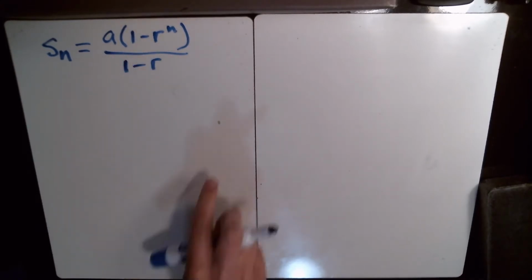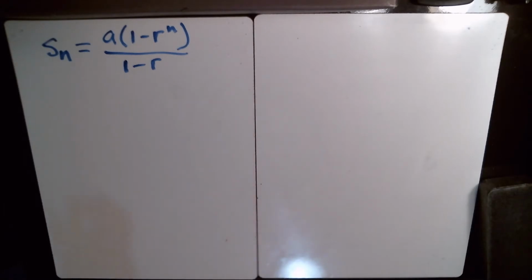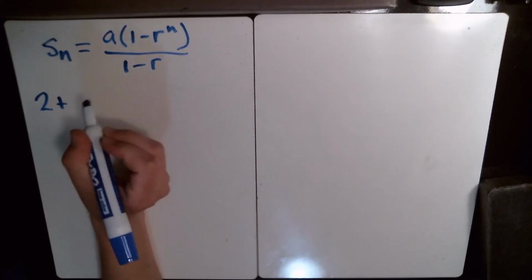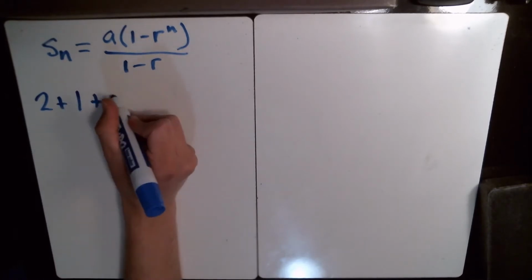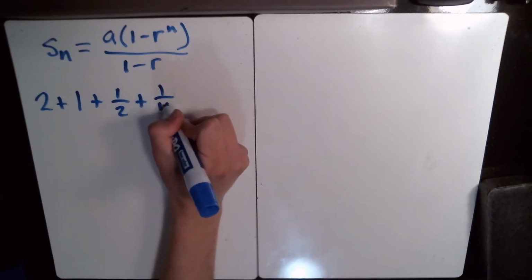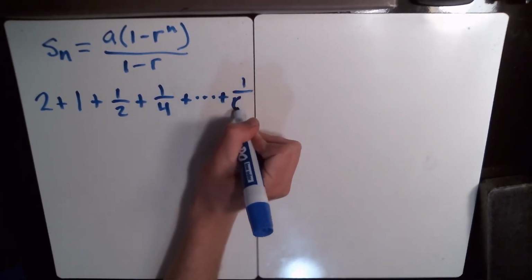This is our formula. Now I'm going to find the sum 2 plus 1 plus 1/2 plus 1/4, all the way up to 1 over 64.